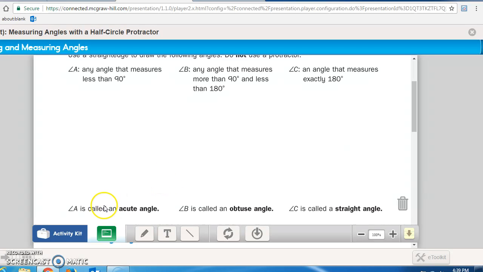Remember, the angle that measures less than 90 degrees is called an acute angle. One that measures more than 90 but less than 180 is called an obtuse angle. An exactly 180 angle is called a straight angle.